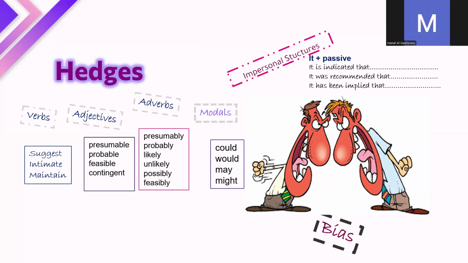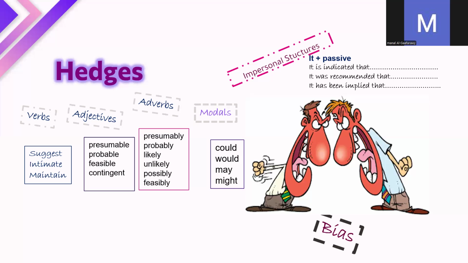And the second thing, they show that you leave way to other viewpoints and considerations. Again, they cover a wide range of word classes. You can use verb hedges, adjective hedges, adverbs, modals, and impersonal structures. So, for example, you can use suggest, intimate, maintain, and those are examples of verb hedges.